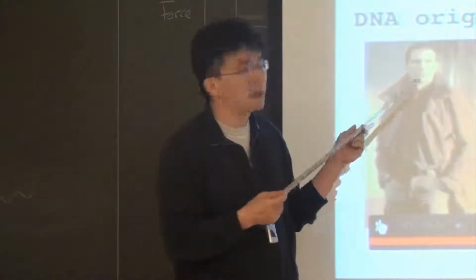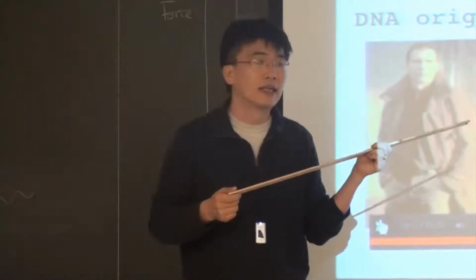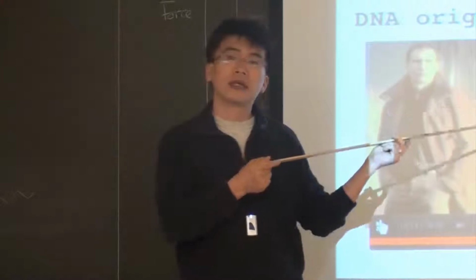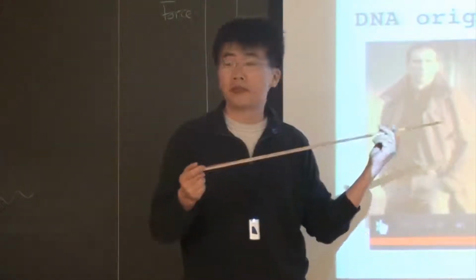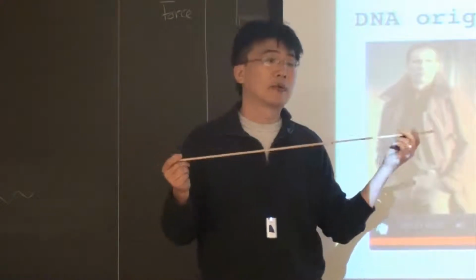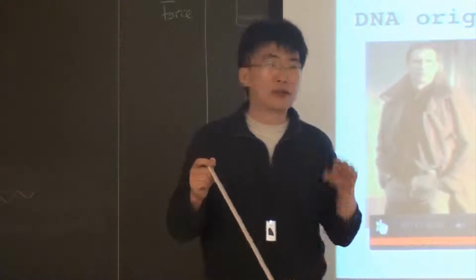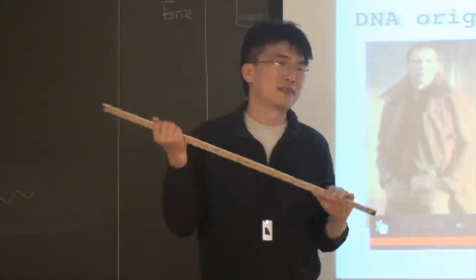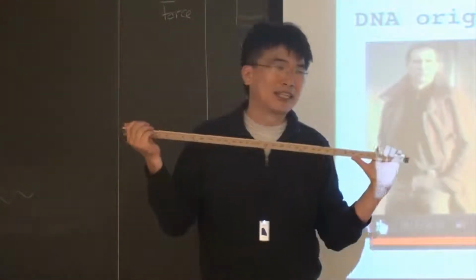The Rothemund paper is a really famous one from 2006. This talk was given in 2008, and already at this point, there's a nice video from Harvard University that was done by the group of William Shih, and they already had a 3D version of the origami working, but they couldn't publish for a couple of years because they didn't know how to actually take images of a 3D structure and then show that indeed you made a structure.